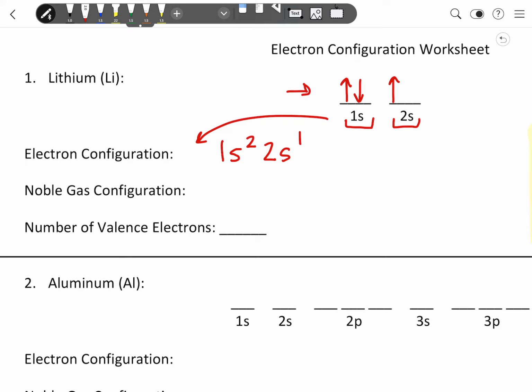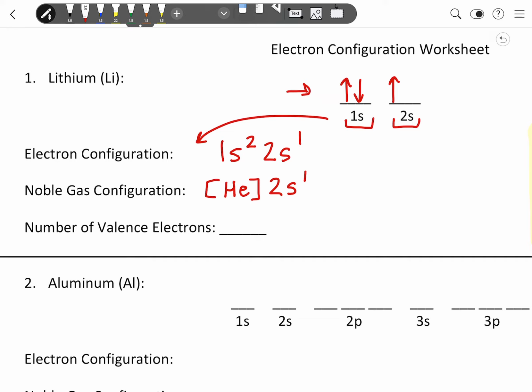I'm going to put He in brackets to show that I'm at helium's house. That's where I'm starting. And then now I have to go to energy level 2. So now I'm at 2s. I'm a lot closer to lithium than I was before. So now it's just 2s. And how many electrons are in 2s? Just 1.